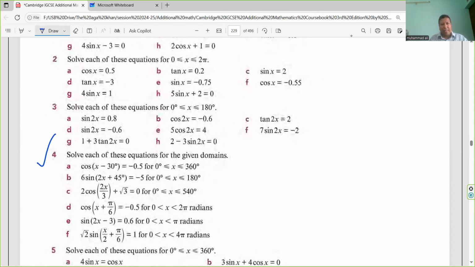Solve each of these equations for the given domains. Number A, cos bracket x minus 30 degrees equals minus 0.5 for x greater than or equal to 0 degrees, less than or equal to 360 degrees.